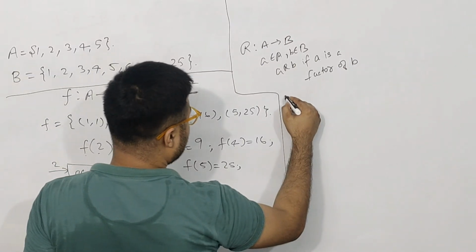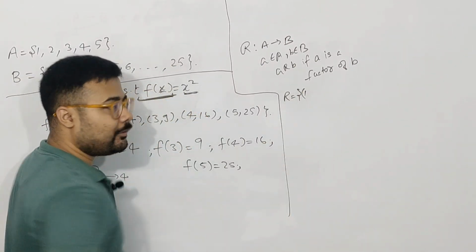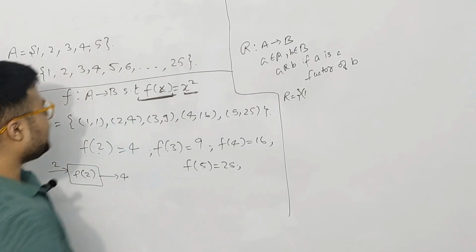So what will the ordered pairs of R be? 1 is a factor of everything, right?